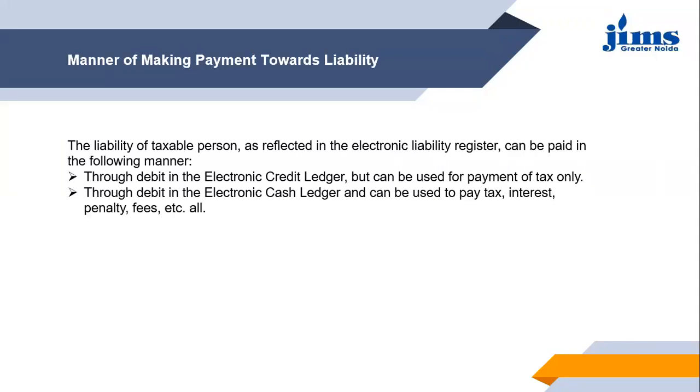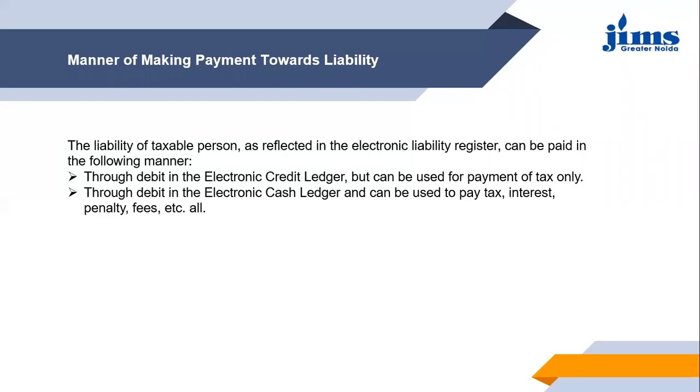Now, the credit ledger means that whatever credit is available in your account can be utilized by you in paying off your liability, and the cash ledger will tell you the cash balance in your account to pay out the liability. The difference is that the credit ledger balance will only be used for the payment of taxes, and through the cash ledger you can pay any of your tax, interest, penalty, fees, etc., anything.